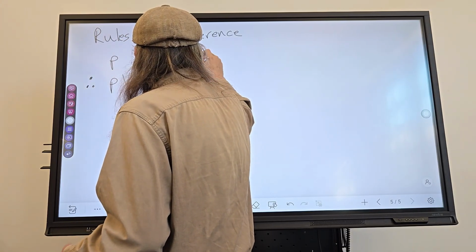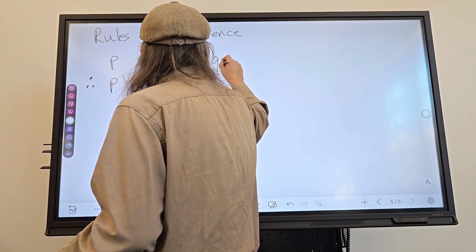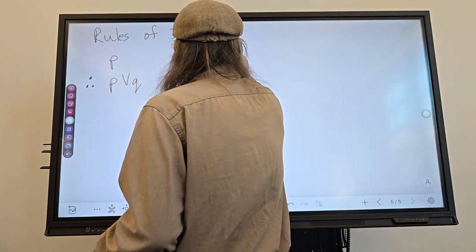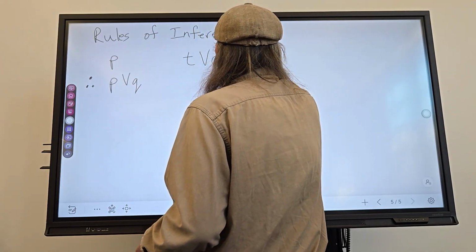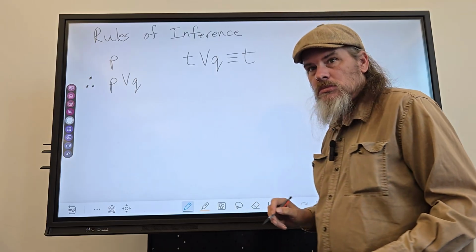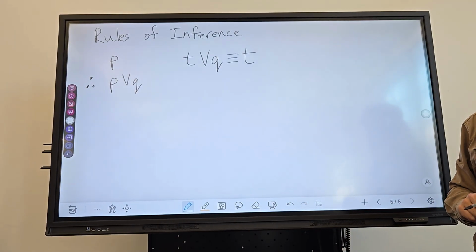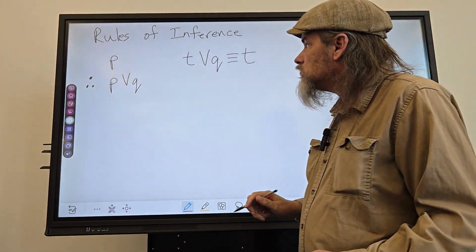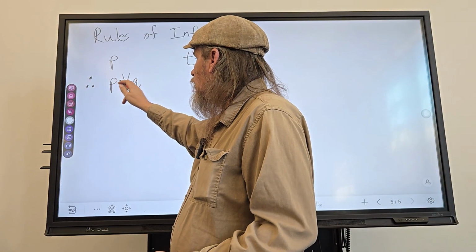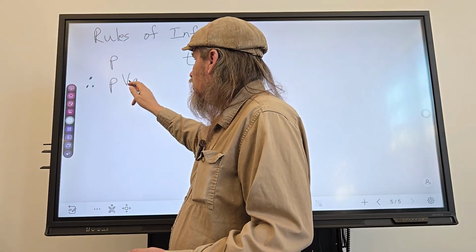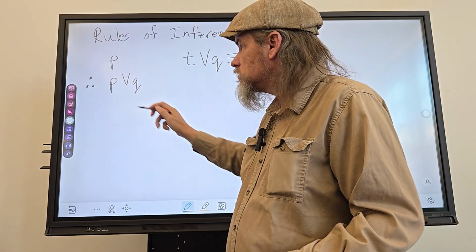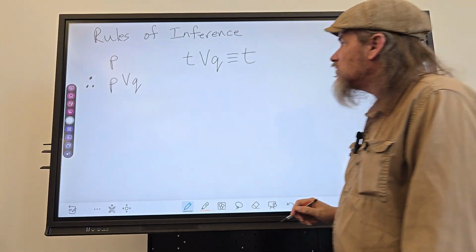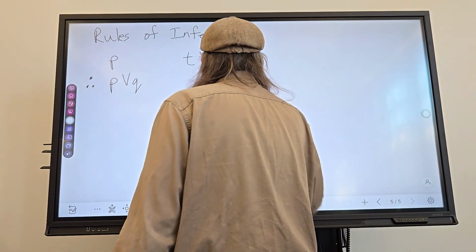Looking at a tautology, T or Q is true, is equivalent to a tautology. So P is true or any value, it doesn't matter what it is, it's going to be true. That's generalization.